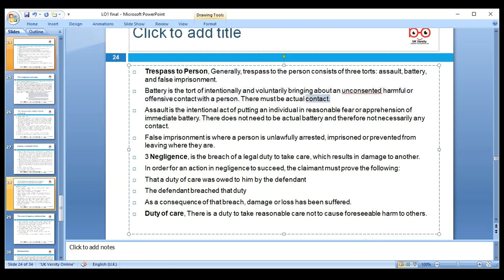There must be actual contact. Assault is the intentional act of putting an individual in reasonable fear. And false imprisonment is unlawfully preventing someone from leaving.